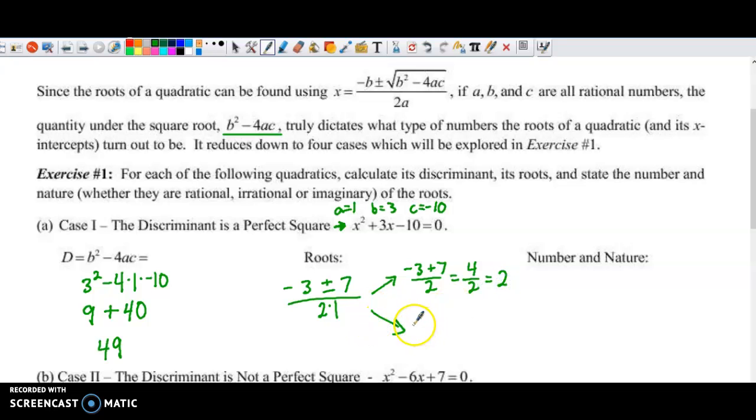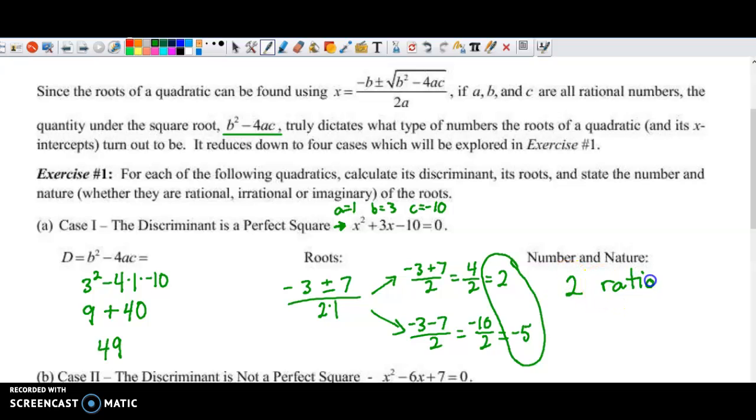But then this one would be negative 3 minus 7 divided by 2, so that's negative 10 divided by 2, which is negative 5. So these are the two roots, but what we care about is that there are two rational roots. These are rational numbers.